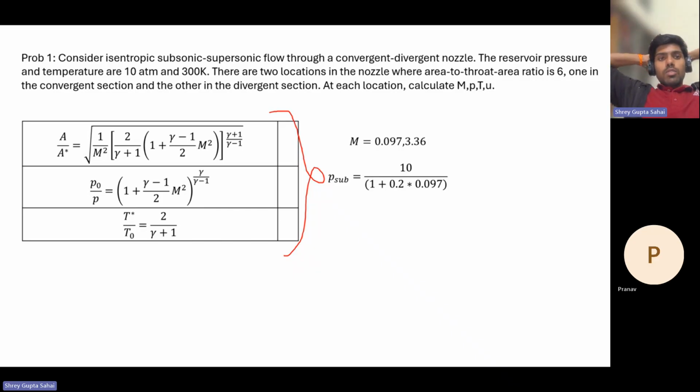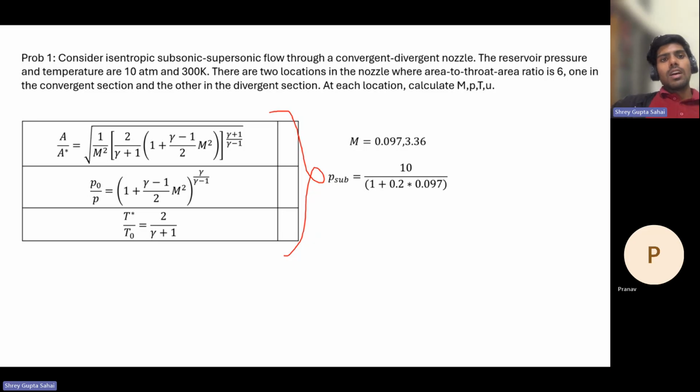A pressure ratio of almost 10, right? Not 10, much higher. I think it's 63. Then temperatures similarly: the subsonic value will be close to 300 kelvins, actually 299.4 kelvins, and so on.